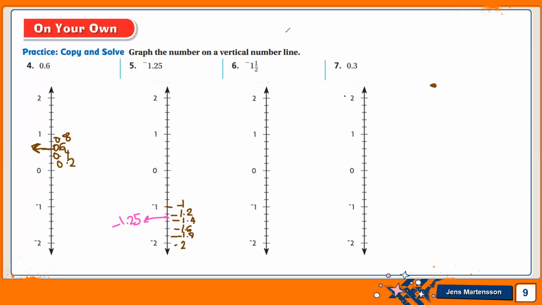Yes, Juri. Now listen, see here, number 6. Negative 1.5. Between which two numbers? Between 2 and 1, or 1 and 0, or 0 and negative 1, or negative 1 and negative 2?